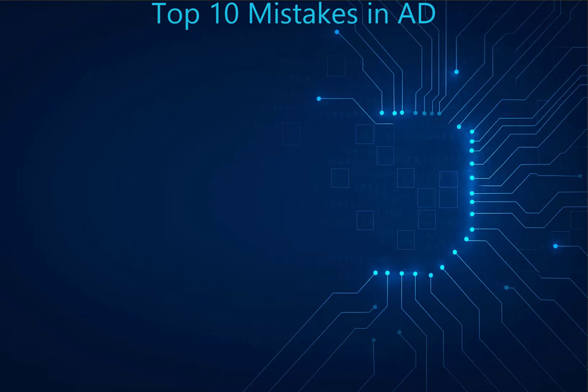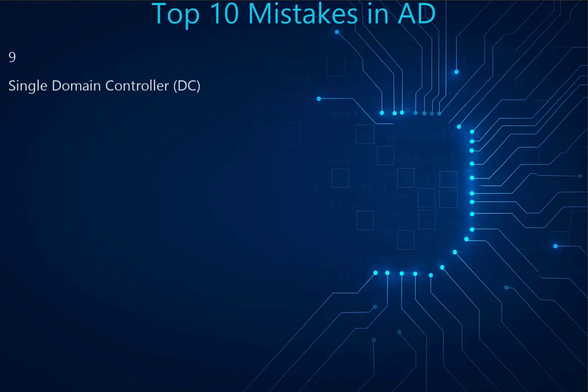Number 9, having a single domain controller. And this is extremely risky, and I see it a lot in small businesses. Often they don't understand the risk, and often the small businesses also have their file server on a DC because they're just putting everything on a single server.